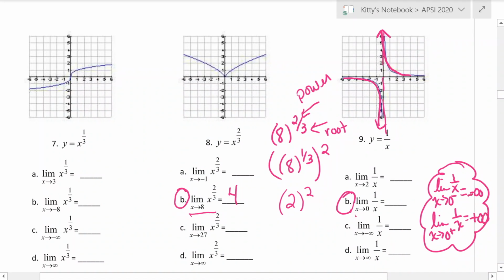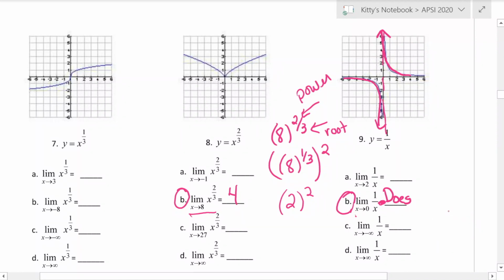Because they're not going in the same direction, we cannot say a directional answer. We have to say that it does not exist. Remember, it's not really equals does not exist, it just does not exist.